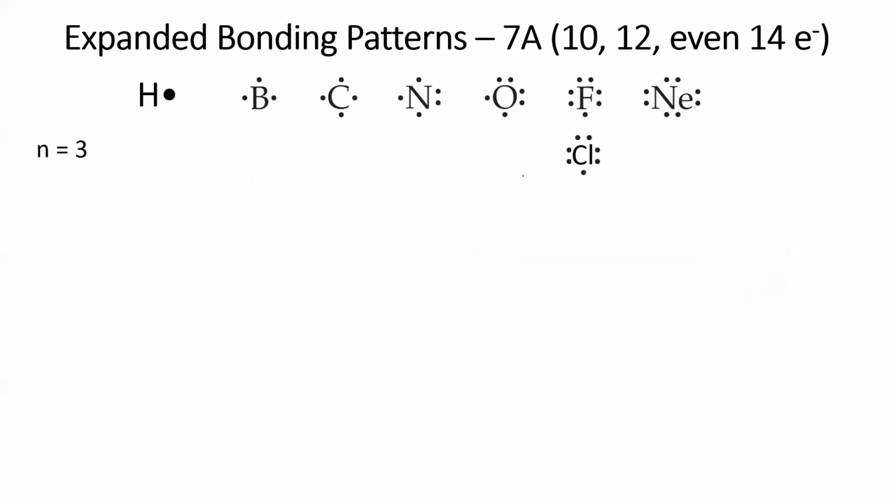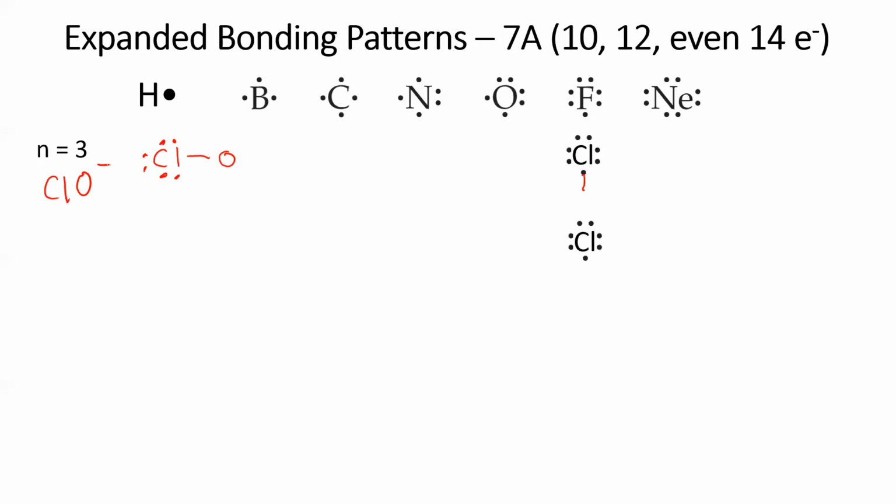So now if we go to 7A and we're expanding, right? Third energy level. So the first thing that I might like to have, if I just want an octet, is 1 bond. Where do I see that? I already did hydrochloric acid. I thought I'd do something else. What about this polyatomic oxyanion? Isn't this hypochlorite?